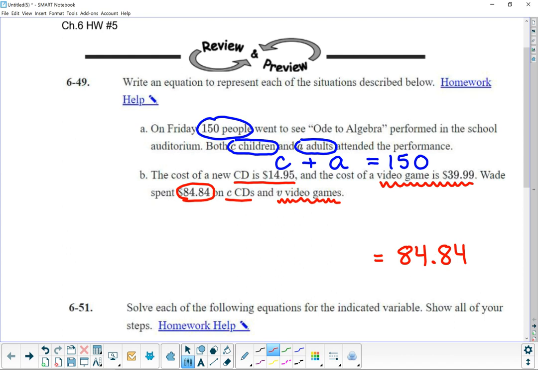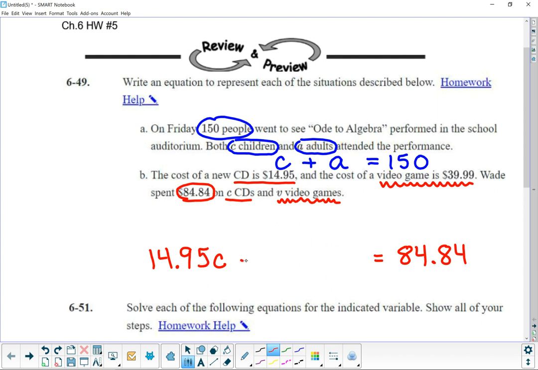Now, unlike the last one where they want to know how many adults and how many children, this one, we don't know how many CDs and how many video games, but we know how much it costs. Right. And we know the total cost is right here too. And we do know that each CD is going to cost $14.95.